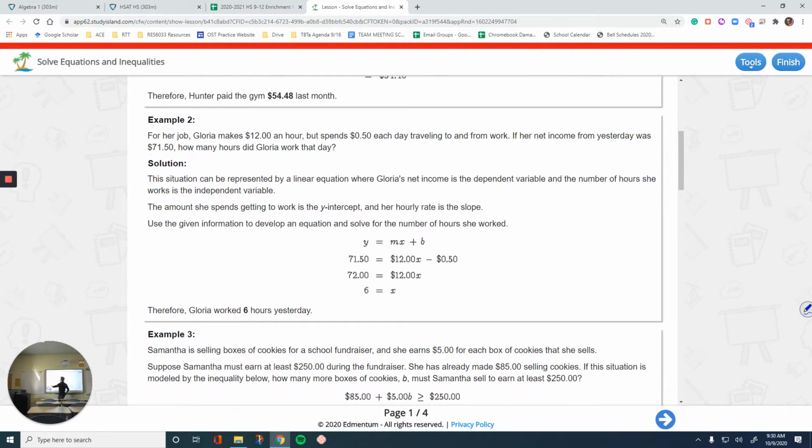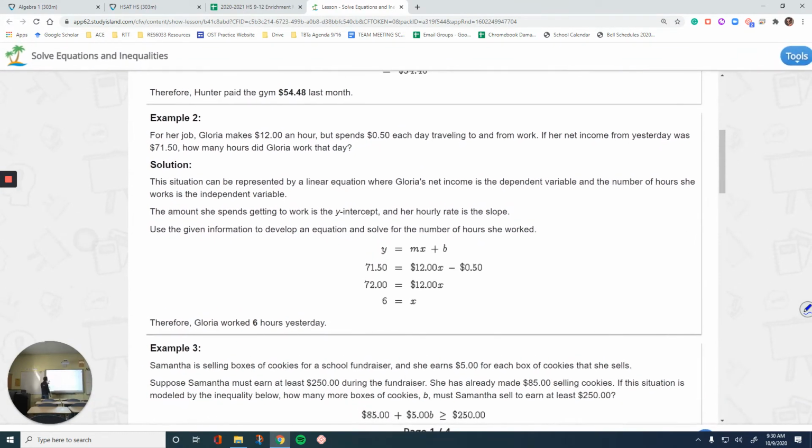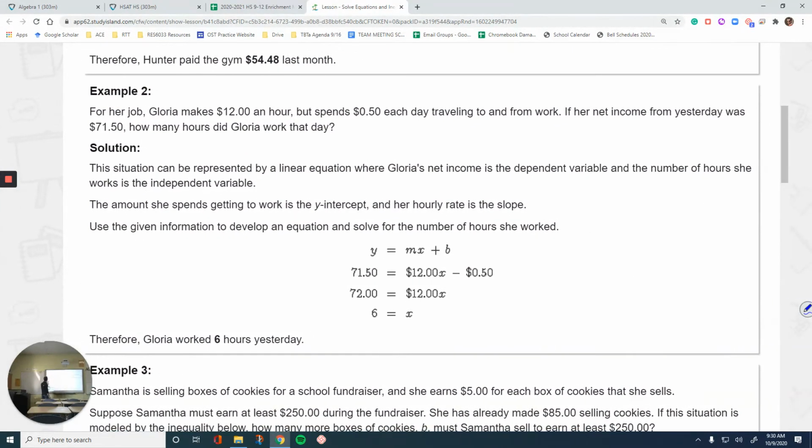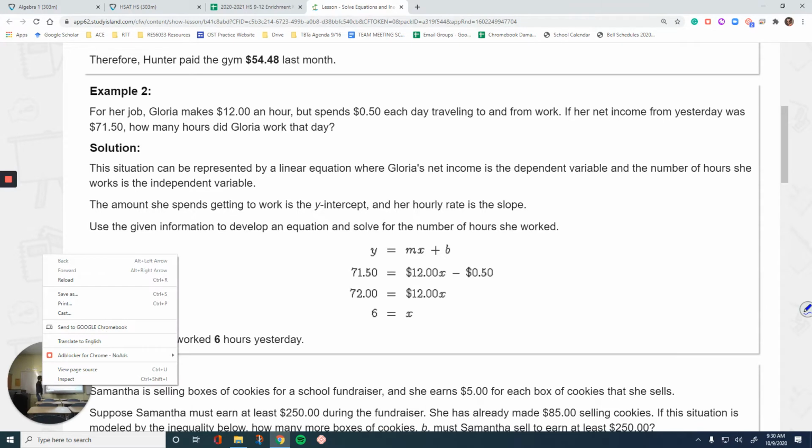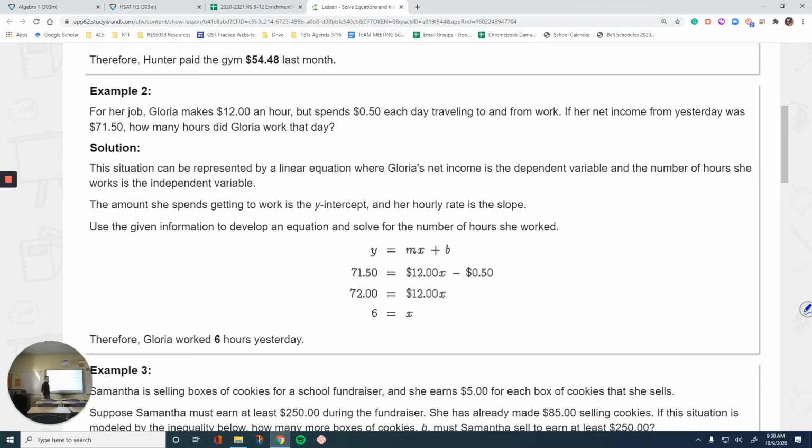Okay, let me zoom in a little. Example 2. For her job, Gloria makes $12 an hour. So I'm going to put $12 an hour, because right now I don't know how many hours we are talking about.